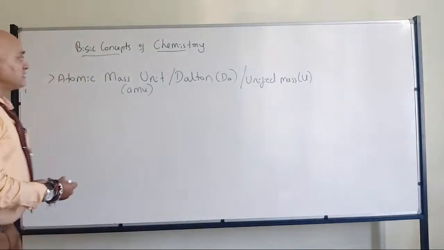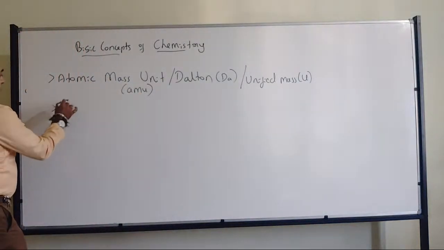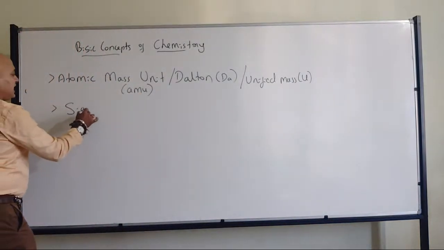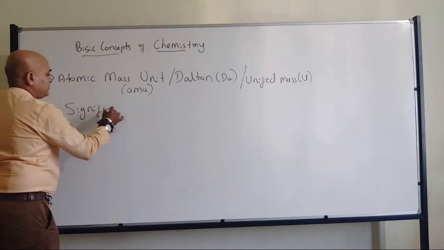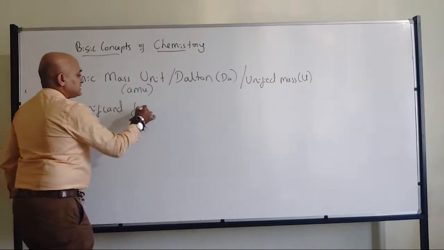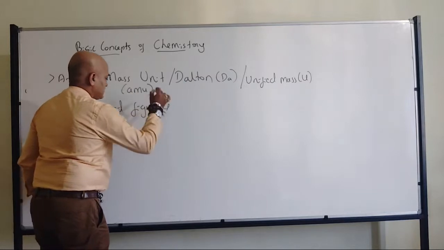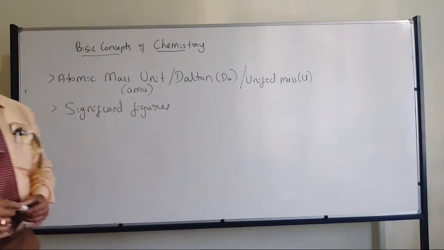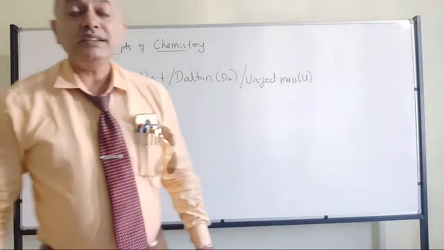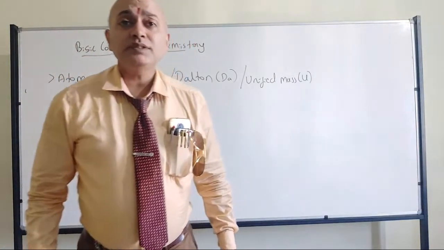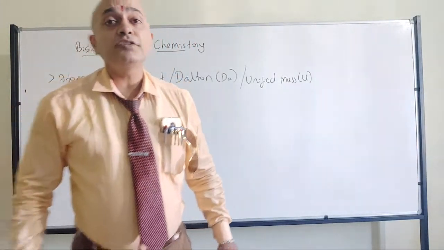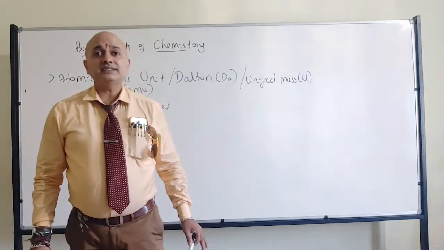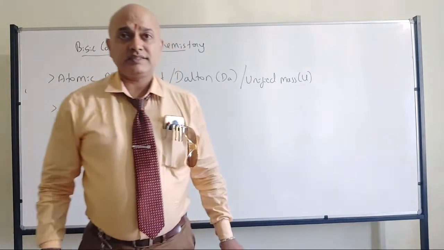Now along with that, yes, I had forgotten. Before that we had discussed a very important one, that is significant figures, right? Now we know that zeros which come before non-zero digits are not considered significant figures.